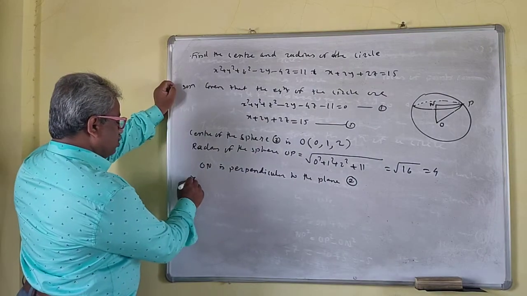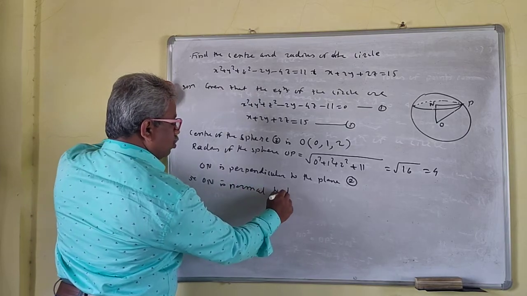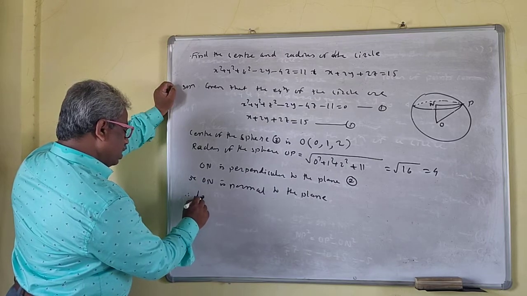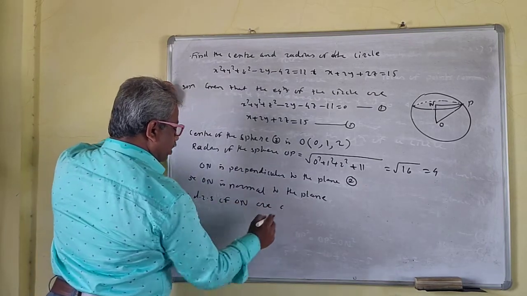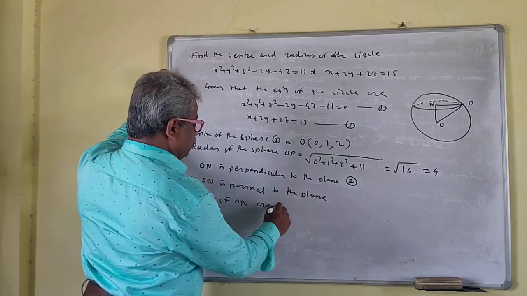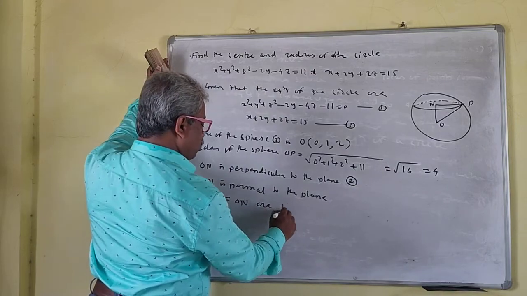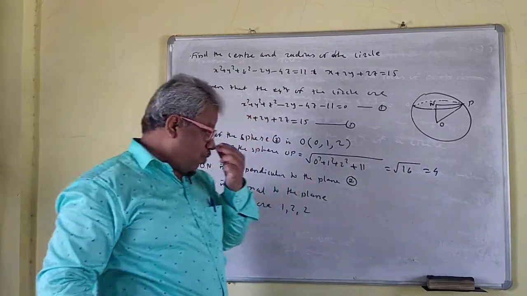ON is normal to the plane. So therefore the DRs of ON, which are the coefficients of x, y, z, are 1, 2, 2. So now you have the coordinates of O.